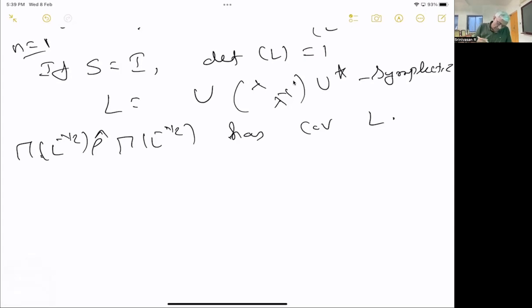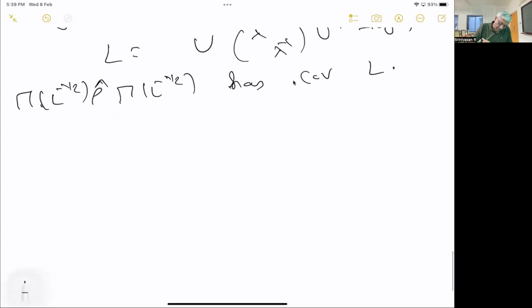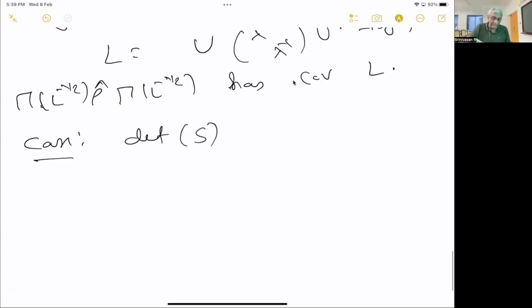So what is the statement? The next case is: suppose the determinant of S is greater than 1.